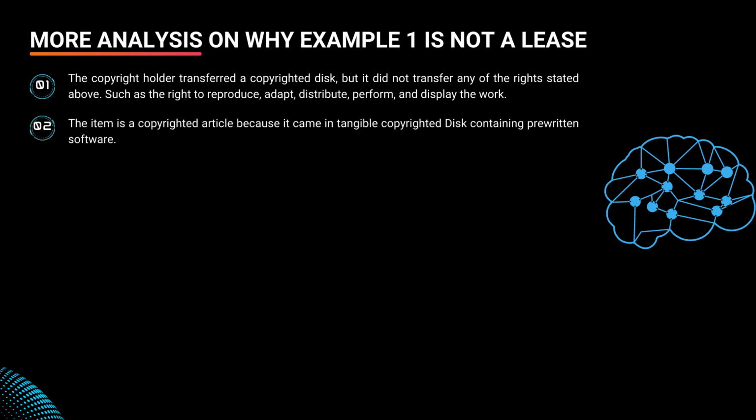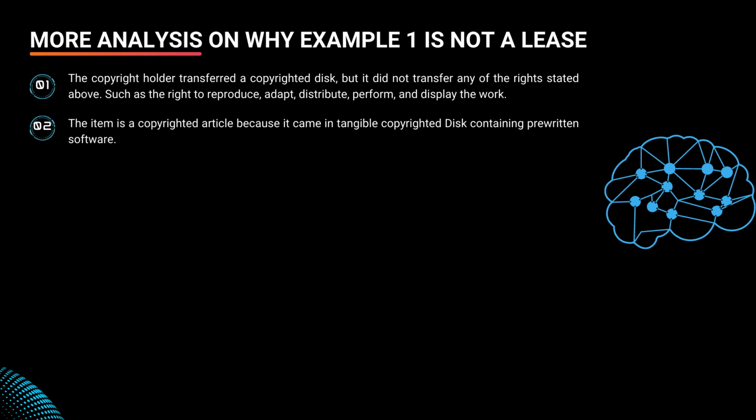The item is a copyrighted article because it came in a tangible disk containing pre-written software. Once again, the IRS provides some examples where the program can also be delivered through the internet, and the customer can download it and pay a one-time fee, and the IRS still sees it as a sale of a copyrighted article. So it's very important that if you're looking for these examples, you go into the Treasury regulations and check the examples as they relate to your situation.